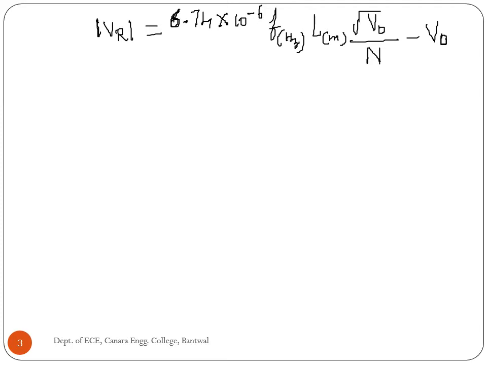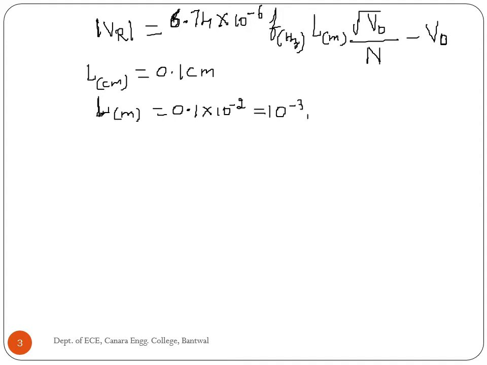Frequency is 10 GHz. Length is given in centimeter. As per expression, we have to convert to the meter. 0.1 into 10 to the power minus 2, which is equal to 10 to the power minus 3 meter.